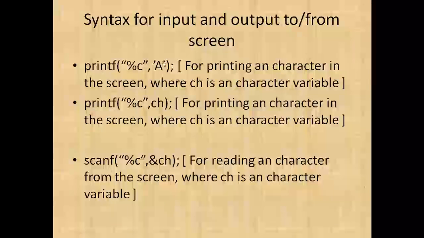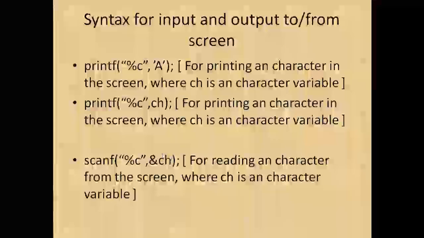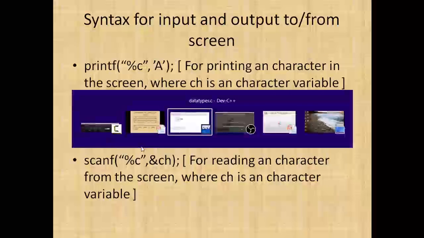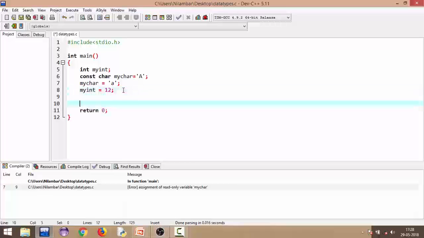This a is a character, and it can be printed on the screen. It will show the capital A, and ch is a character variable which contains some character, and here is the syntax to take the character.